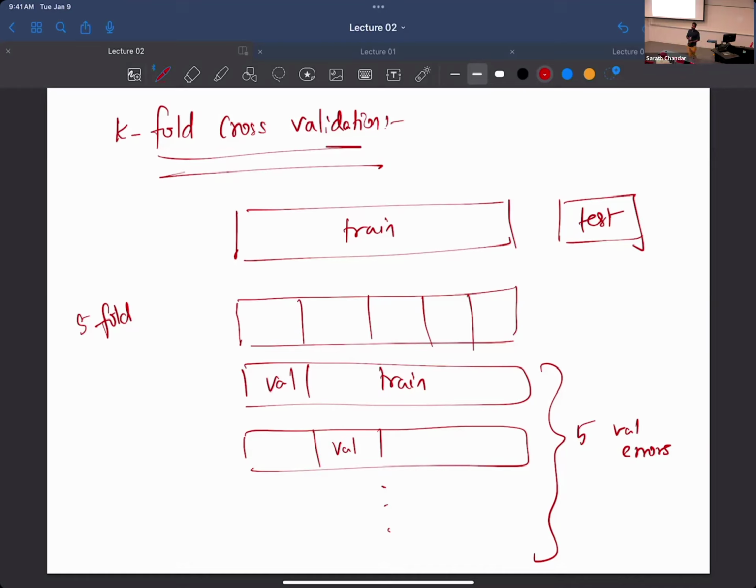No, it's not the same validation. For the second, you're using the second part as the validation.